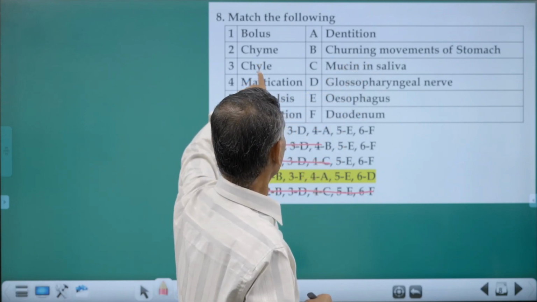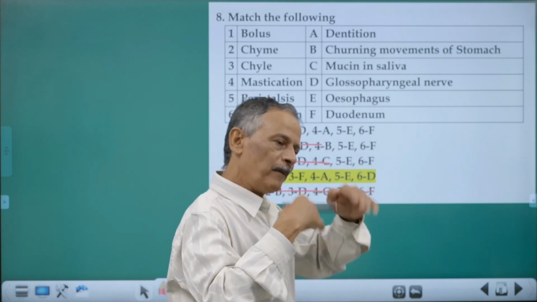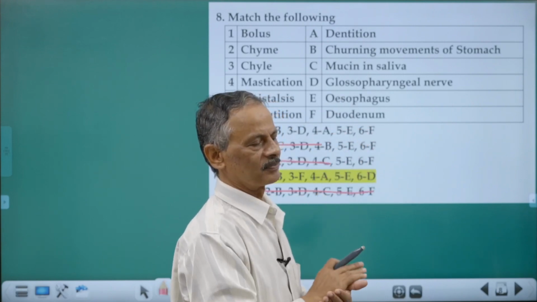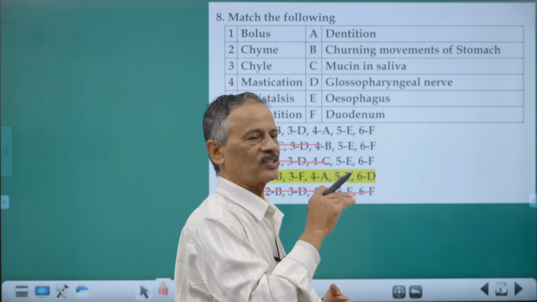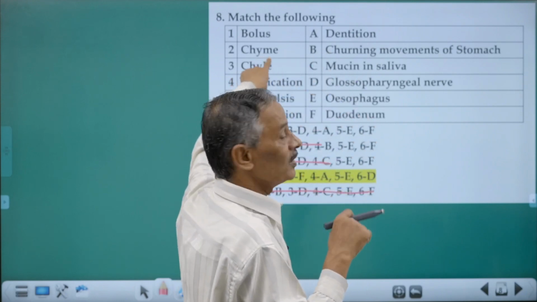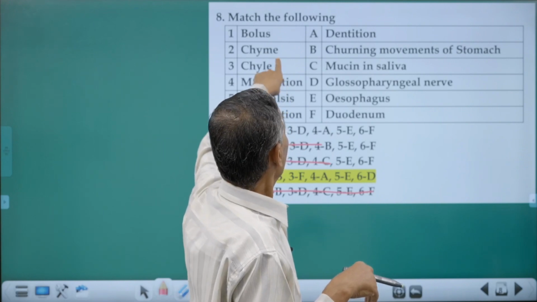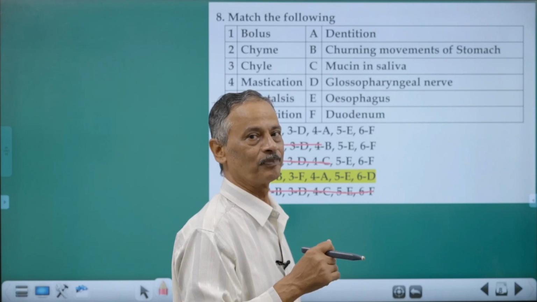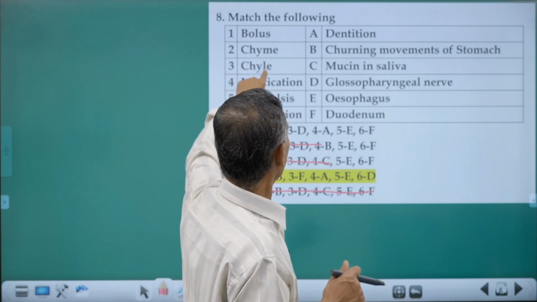Okay. What is chyle? The food after coming out of the stomach mixes with the bile, and in the intestine it is a fluid. It mixes with the secretions like bile, pancreatic juice, etc. and forms a fluid. Chyme is a semi-solid, whereas chyle is a fluid. So we simply say that chyme plus bile is chyle. So for easy remembering, chyme plus bile is chyle.